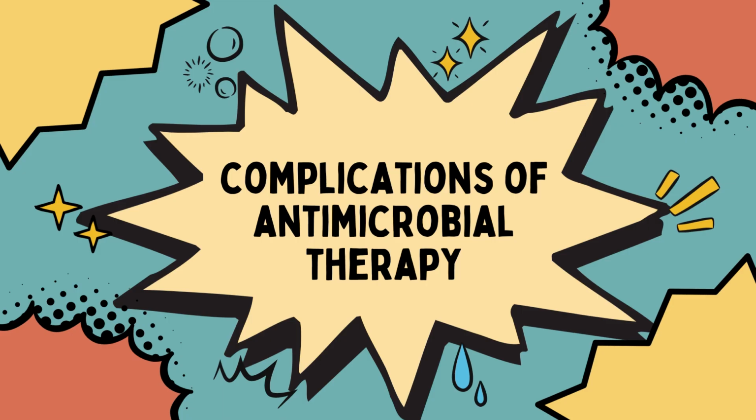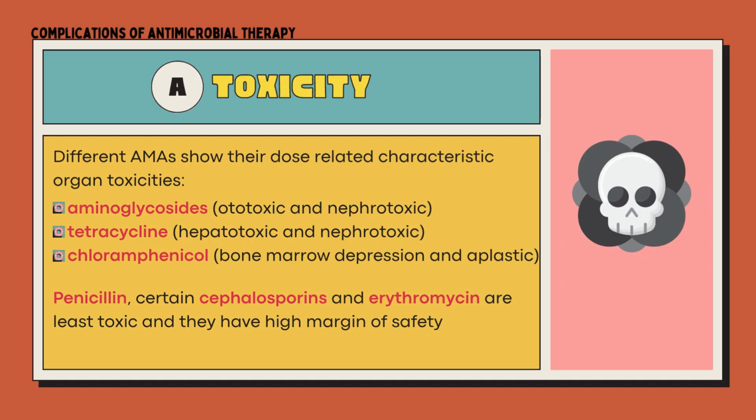Moving on to the complications of antimicrobial therapy. First off, toxicity. Many drugs like tetracyclines, erythromycin, and chloramphenicol are irritants and may cause pain and abscess formation on IM injection or thrombophlebitis of the injected vein on IV injection.